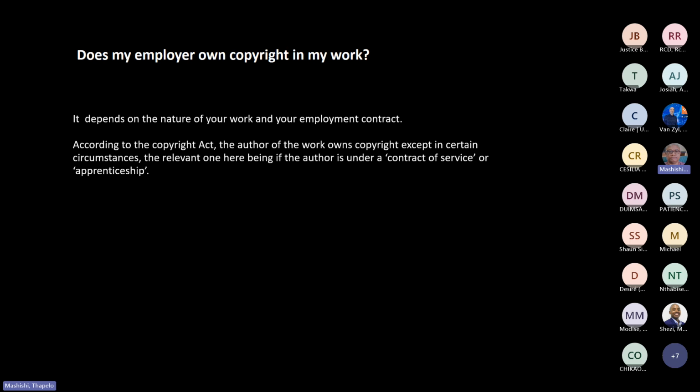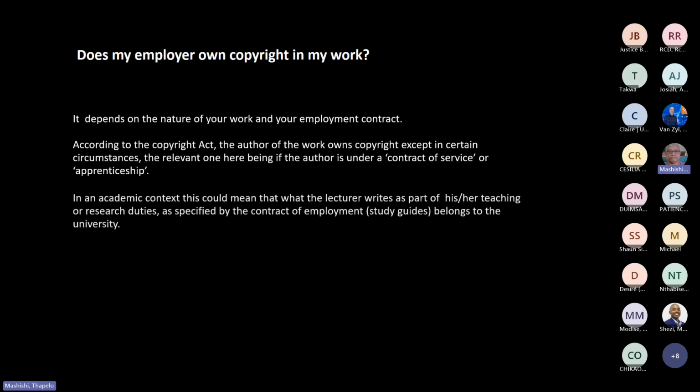If, for example, you are commissioned by somebody to take photographs or draw illustrations, your contract will mandate that once you're done, you may be credited as the author or creator of the work, but your employer is the one who has the copyright in that work. So that is also one of the things that people should be aware of: a contract of service means you're signing your copyright over to your employer.